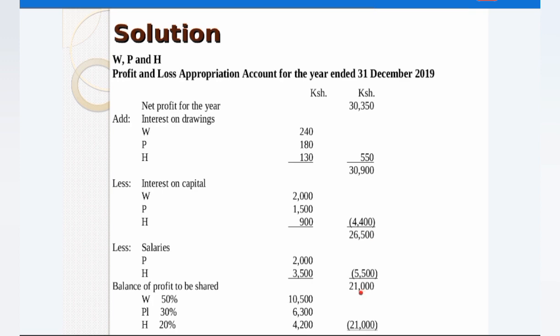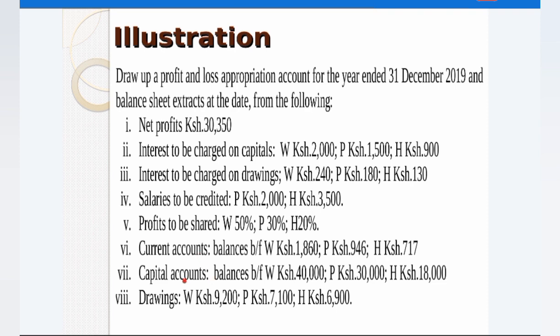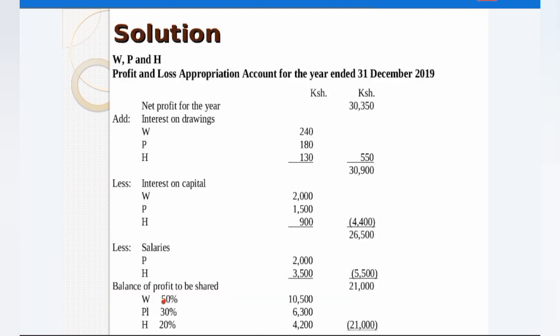So the profits that remain after adding interest on drawings, deducting interest on capital, and salaries, the 21,000, has to be shared between the partners, and the profit sharing ratio we have been told is 50% for W, 30% for P, and 20% for H. So if we compute the 50% for W, that is 50% of 21,000, we get 10,500. 30% of 21,000 is 6,300, and when you total this, you should get 21,000.